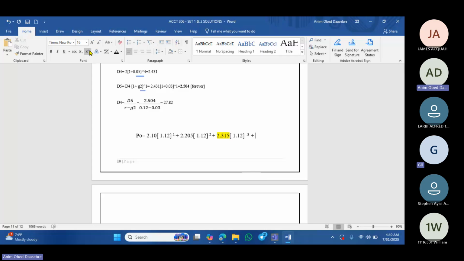Plus D4, which is 2.431, plus the present value of the perpetuity, which is 27.82.